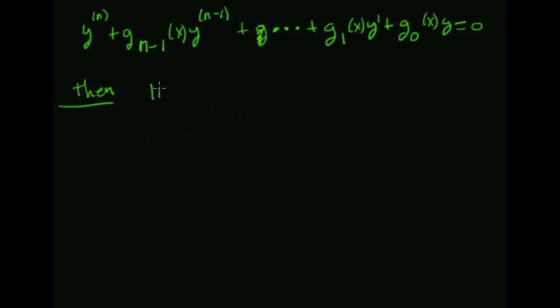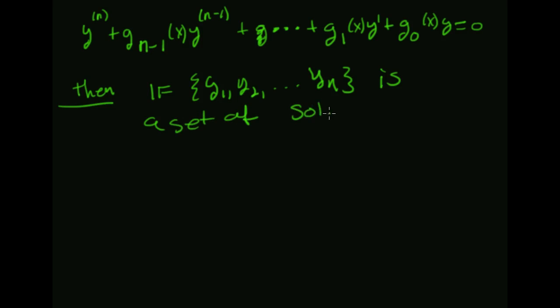If I have a set of solutions, y1, y2, out to yn, they're not sequences, they're functions, and this set is linearly independent, then these basically serve as a basis for the general solution.